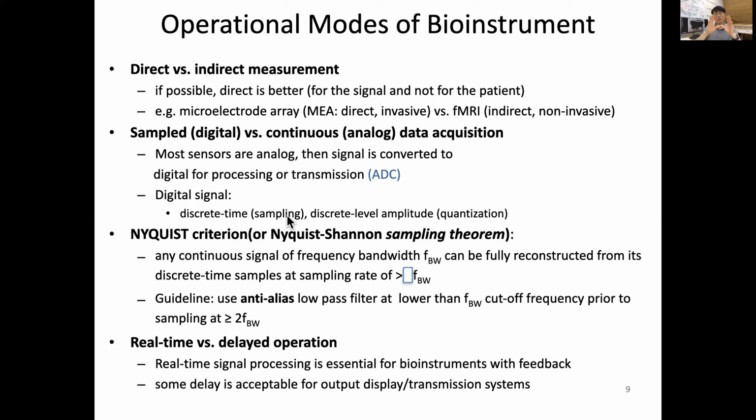At the same time, in terms of the quantity of the signal, we use discrete level amplitude, or what we call quantization, because even the amplitude or the amount of signal is an analog quantity, but when we measure and process digitally, we have to quantize it.